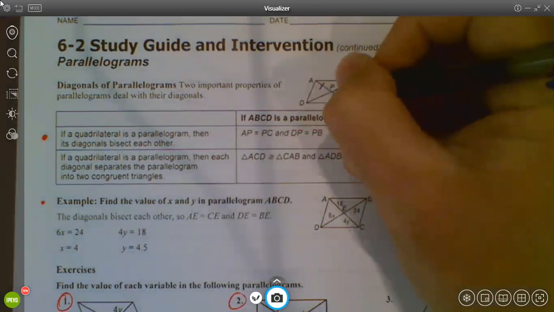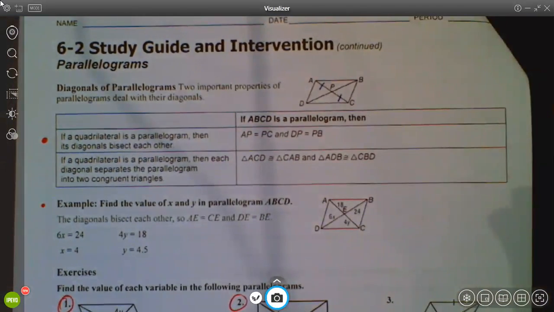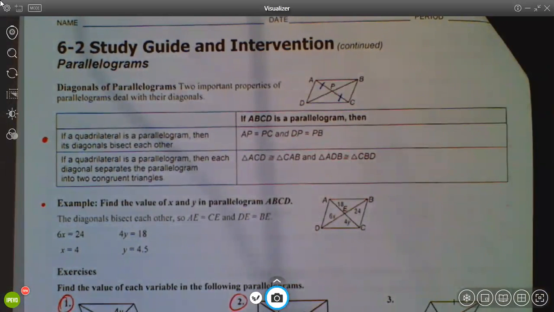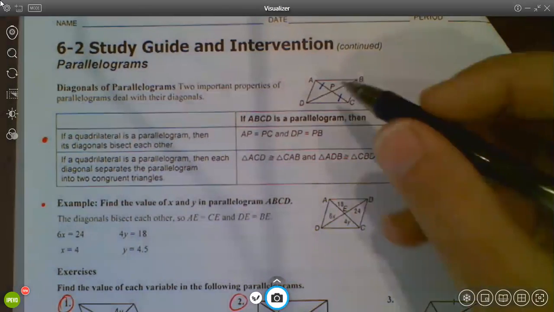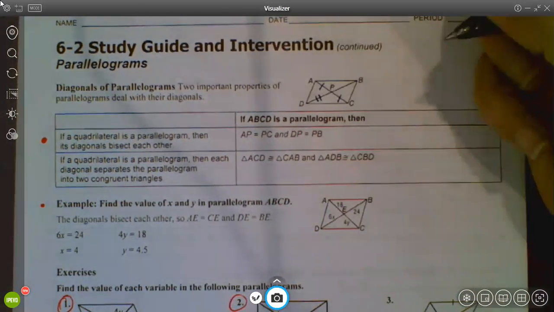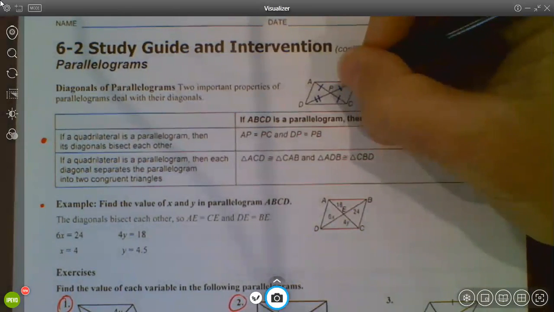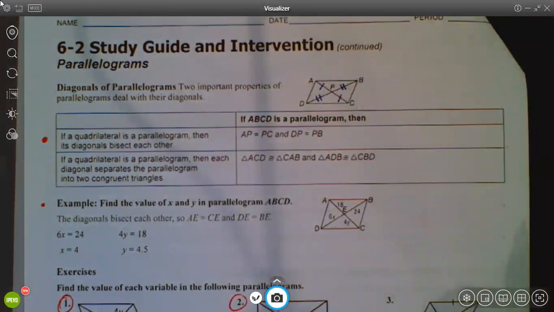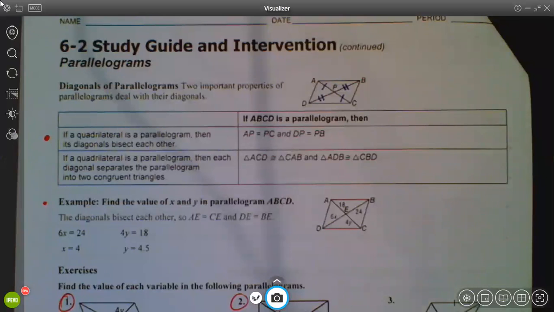So this is equal to this, 2 equal parts, because it was cut perfectly in half. It also tells me that DB was cut in half. So that means this piece is equal to this piece. So when they got bisected, they got cut in half or into 2 equal parts.